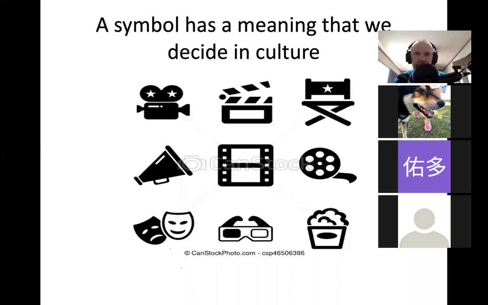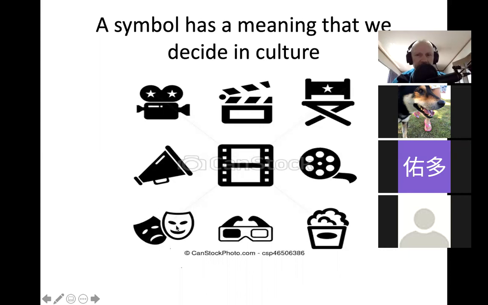A symbol has a meaning that we basically decide in culture, right? Just as we live our lives, we're doing things in our culture. We just decide that something means something. So at some point, somebody decided these masks, the happy mask and the unhappy mask, mean something different.